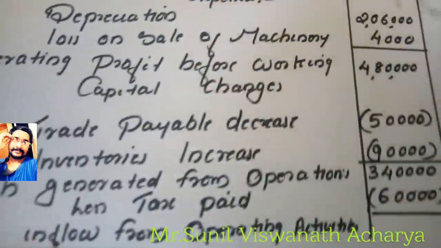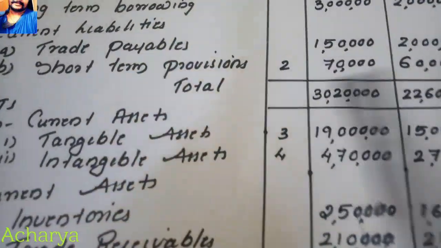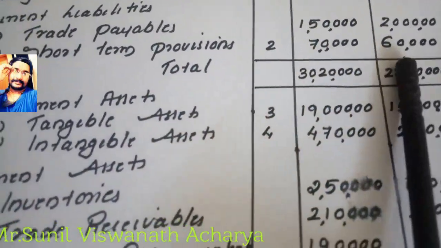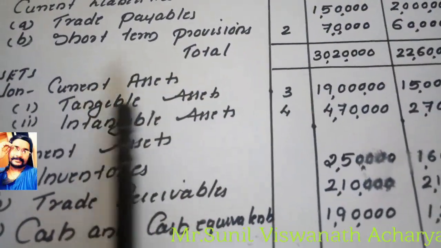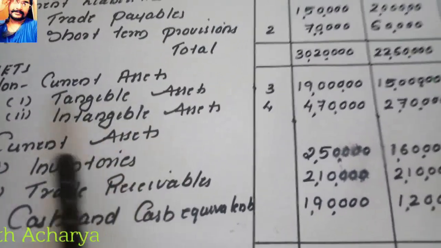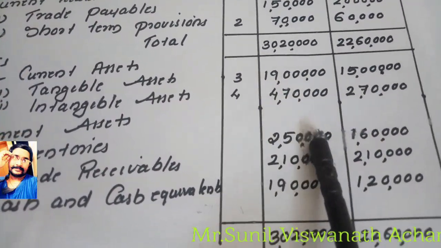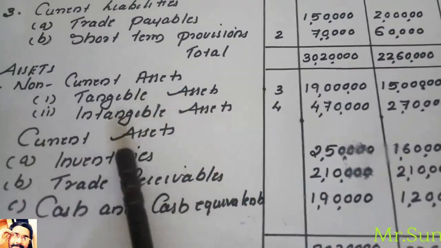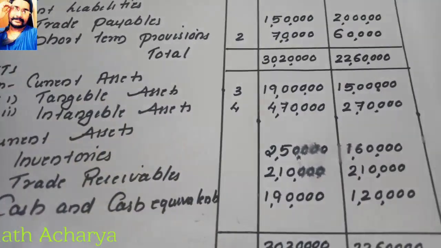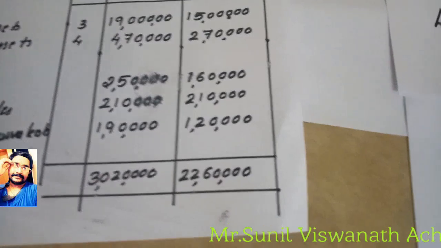Now the short-term provision is the provision for tax, which is already considered, so never take it again. Then current assets: inventory and trade receivable. Inventory, you see, first year it was 1,60,000, second year it became 2,50,000. That means inventories increased. We know current asset increase, we have to subtract.